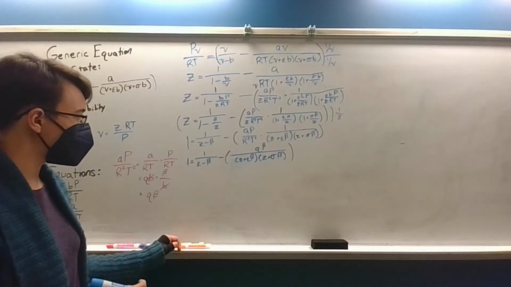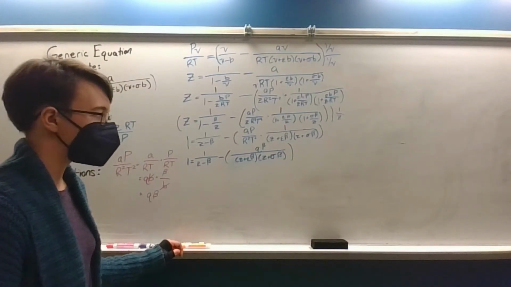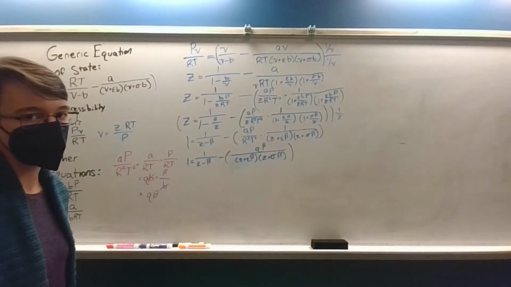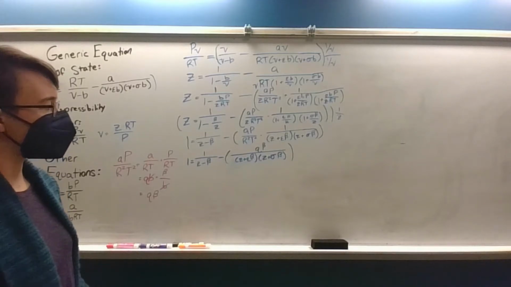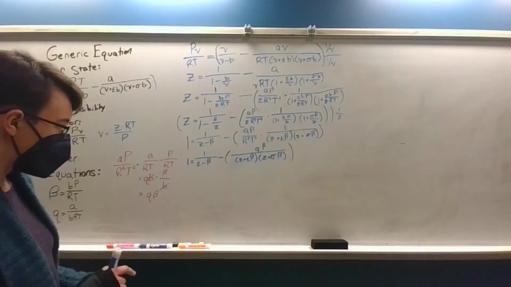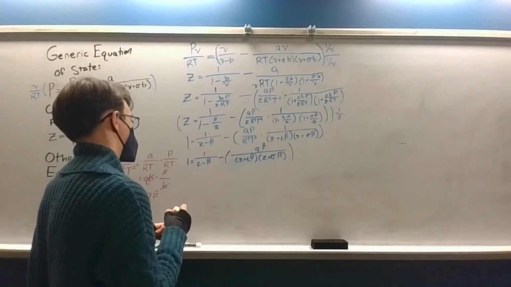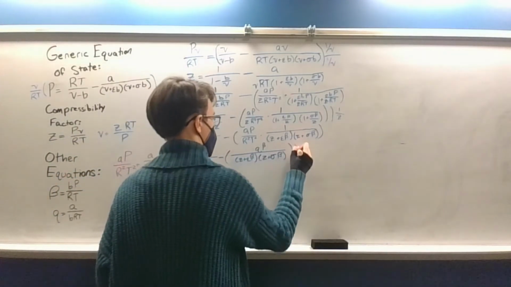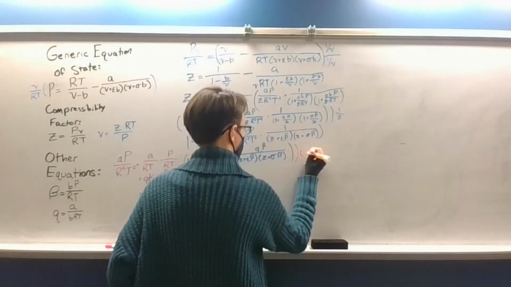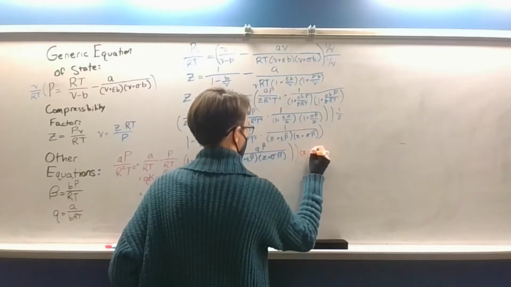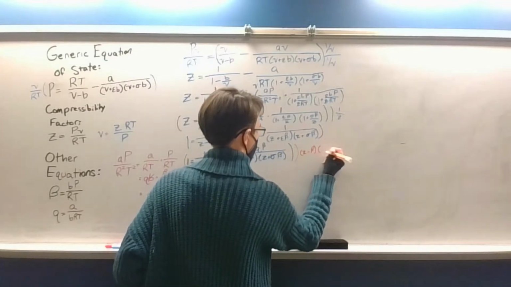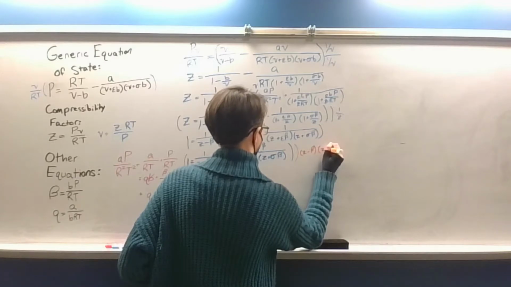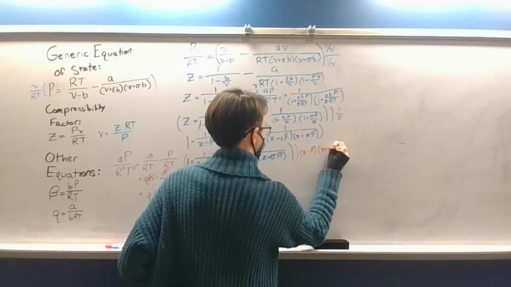Alright, so now what we really want to do is get rid of these fractions. We don't want to be dealing with a lot of fractions. So we need to find a common denominator. And to do that, we're going to multiply the whole thing by Z minus beta, Z plus epsilon beta.